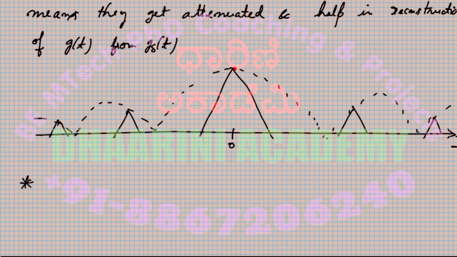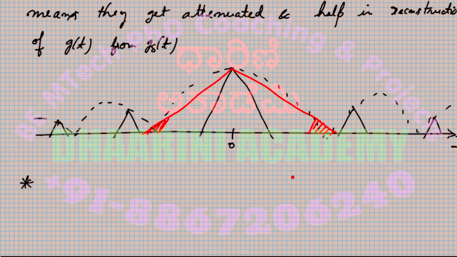Let me assume that my message spectrum is something like this. If it is like this, you lose some portion of your higher message frequencies, correct? This is evident in the flat top sampling.